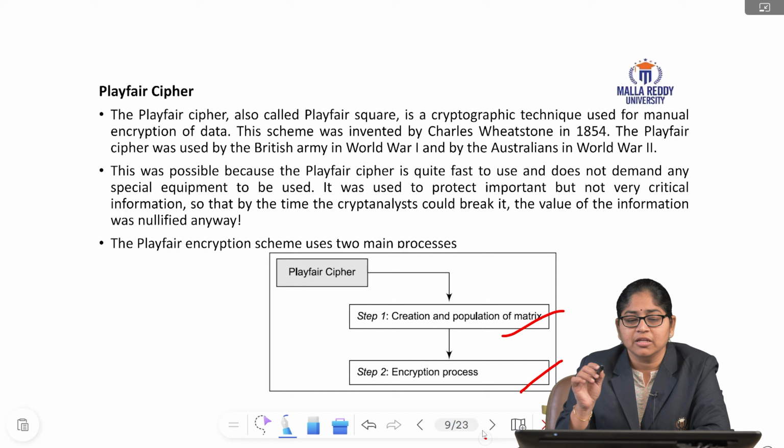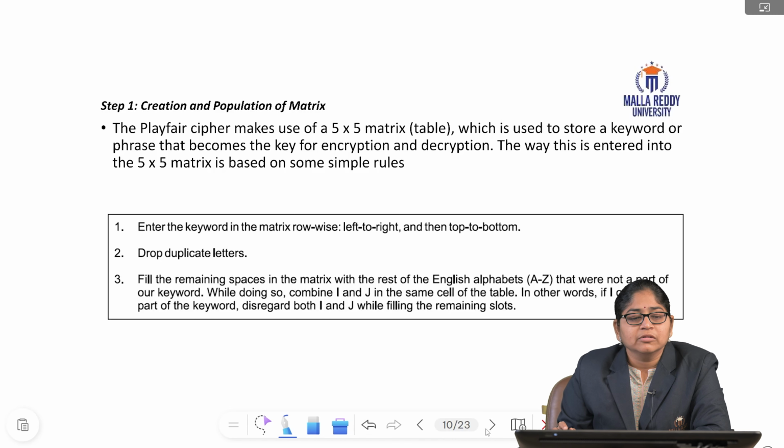In the first step, we will see some rules for creating the matrix. As I already told you, the matrix size is 5 by 5, and it is used to store the keyword for encryption as well as for decryption. How do we enter the keyword in the matrix? There are some rules.